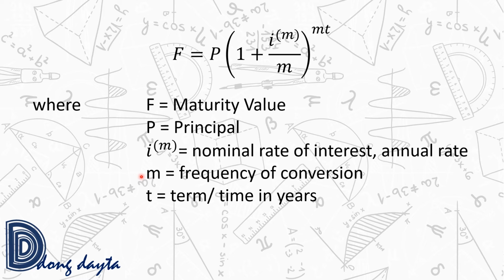If the interest is compounded quarterly, m is equal to 4. If compounded bi-monthly, m is equal to 6. And if compounded monthly, m is equal to 12. t is the term or the time in years.